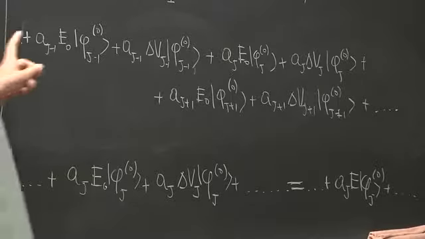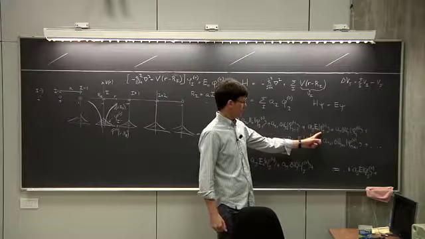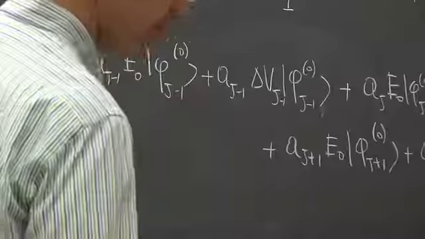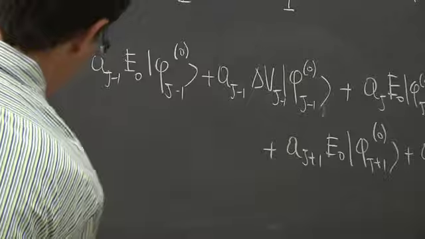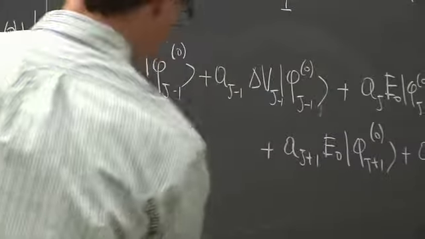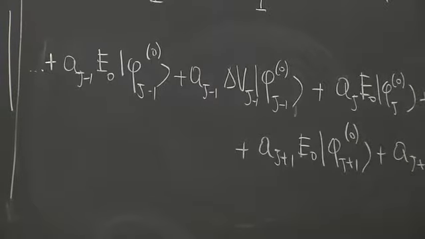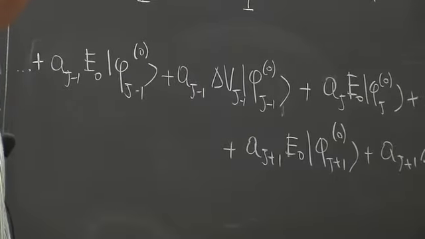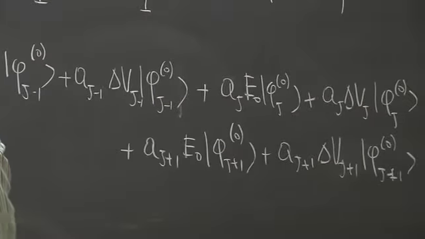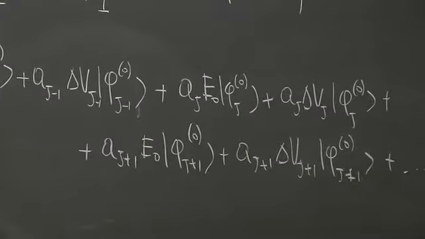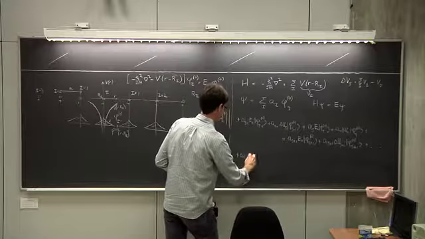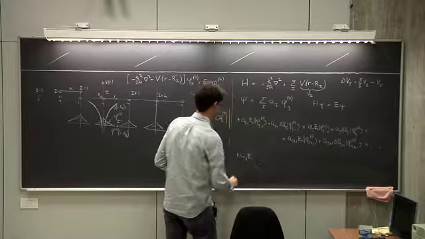Let me do everything correctly. So I'll start doing the projection now. So this will be a j minus 1 E naught.